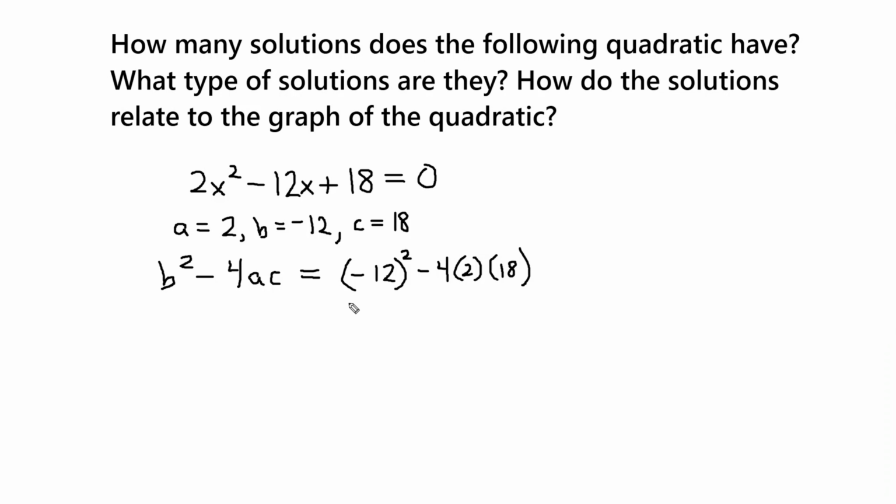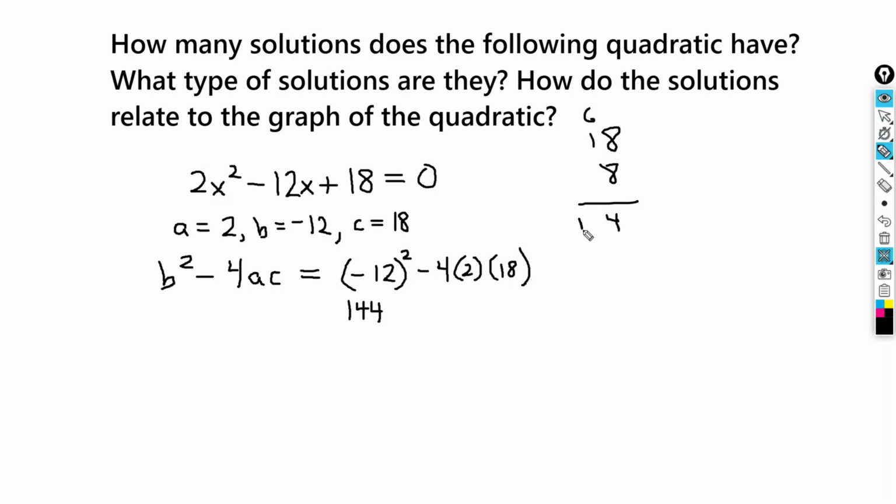So -12 squared is 144. 4 times 2 is 8, and then we do 18 times 8, so we're going to get 144. Okay, so 144 minus 144 equals 0. So the discriminant is equal to 0.